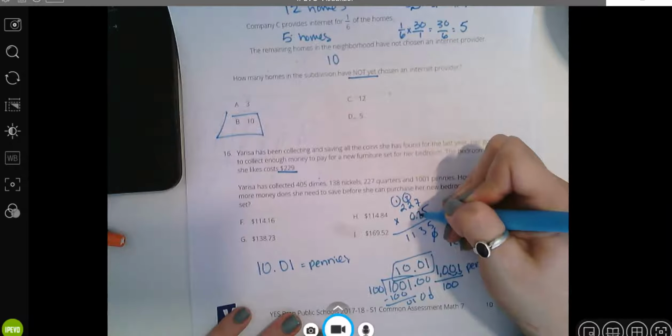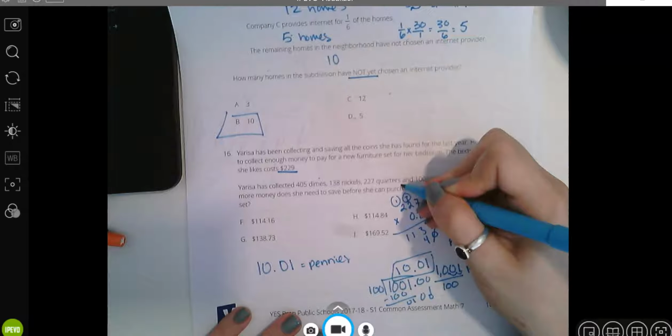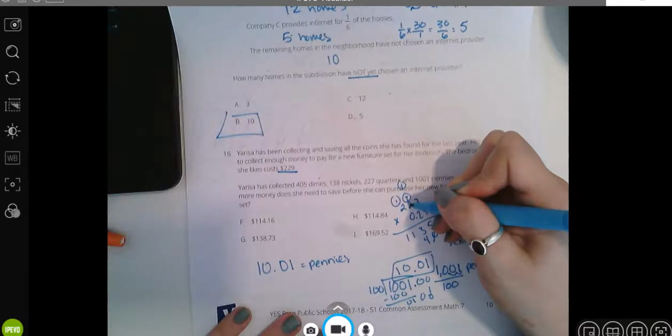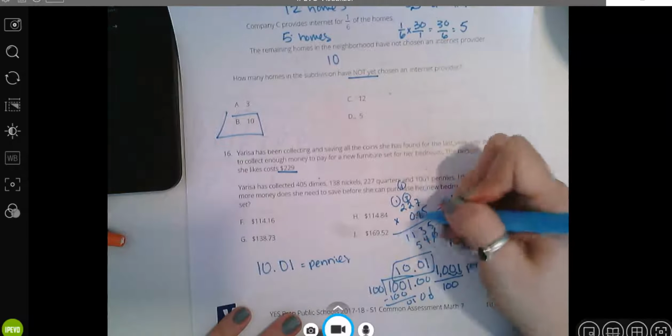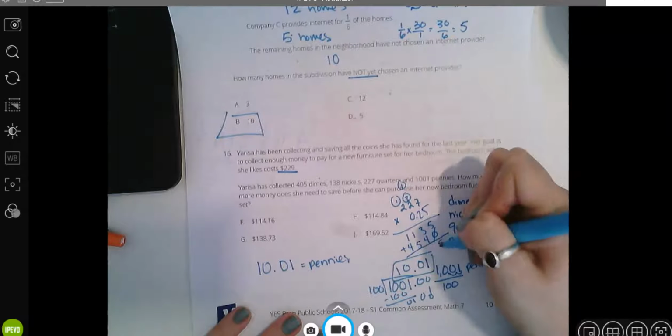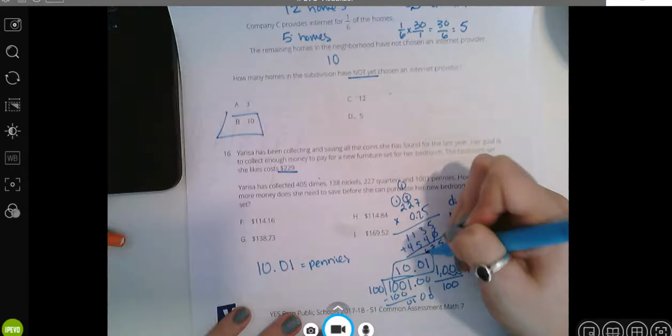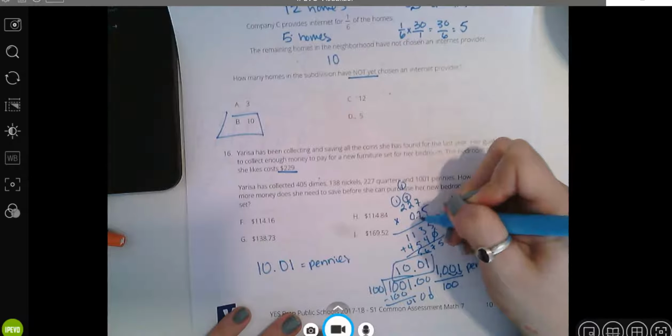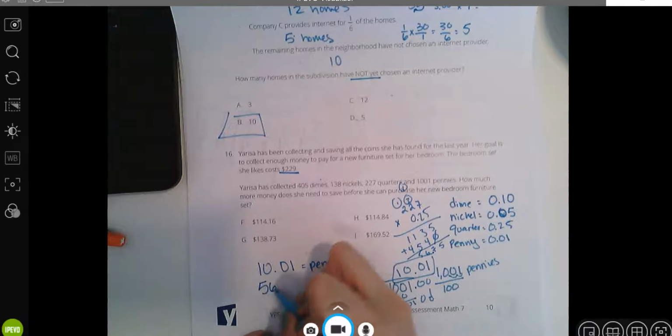Place value. 2 times 5 is 10, plus 1 is 11. 2 times 2 is 4, plus 1 is 5. Add them all up. You got 5, 7, 6, 5. Don't forget 2 decimal places. Whoop, whoop. Okay, so she has $56.75 in quarters. Not too bad. That's a lot of coins, but a lot of money too.